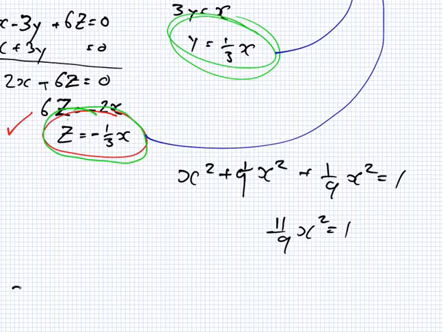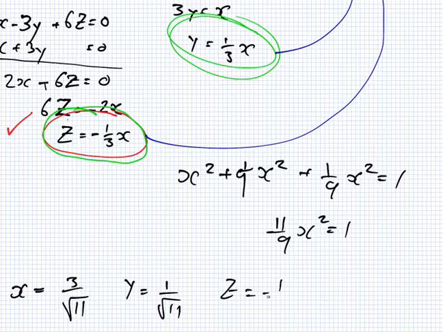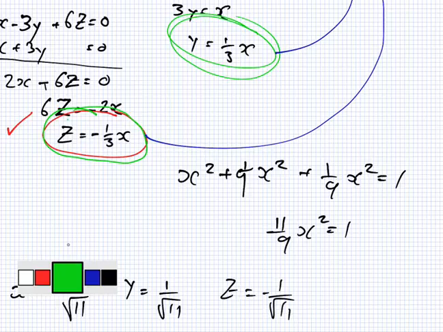So that means x equals plus or minus, although I think in the answer I only took the plus. X equals 3 over root 11. That's the x. So that means y equals 1 over root 11 and z equals minus 1 over root 11. So there are the x, y, and z.